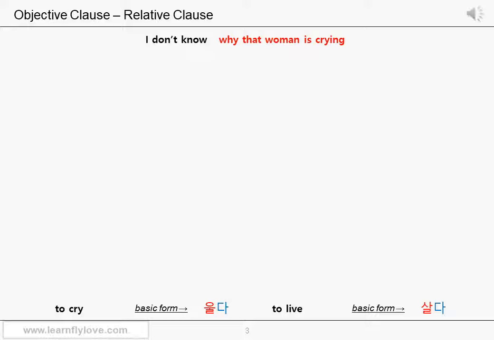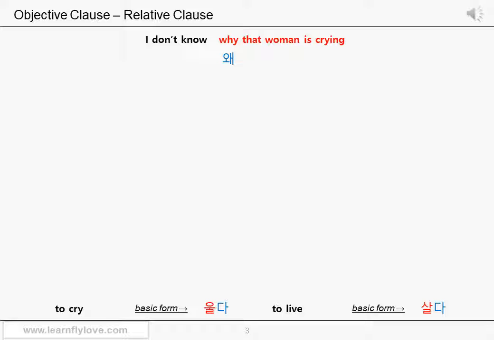It's almost like you're treating the why that woman is crying part as an interrogative sentence. You can also think that this is the way that we translate a relative adverb or relative pronoun directly into Korean without changing the sentence. So we are going to use 왜, which is the translation of the interrogative why.